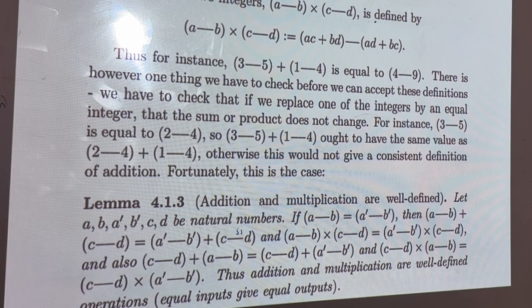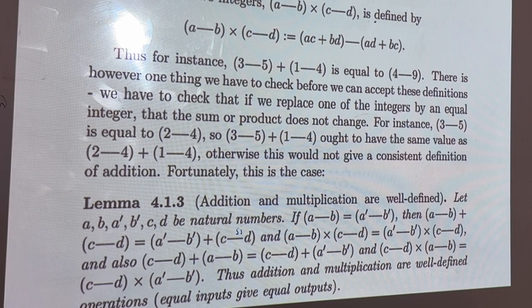He says, let a, b, a', b', c, d be natural numbers. If a—b is equal to a'—b', then a—b plus c—d is equal to a'—b' plus c—d. Similarly for multiplication.